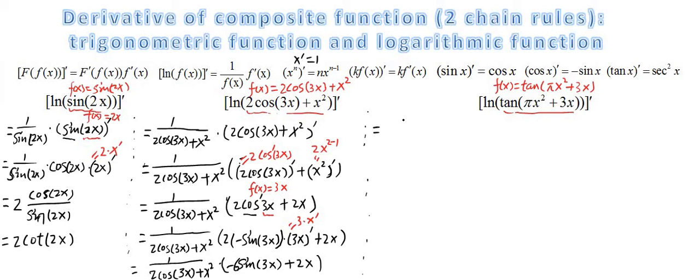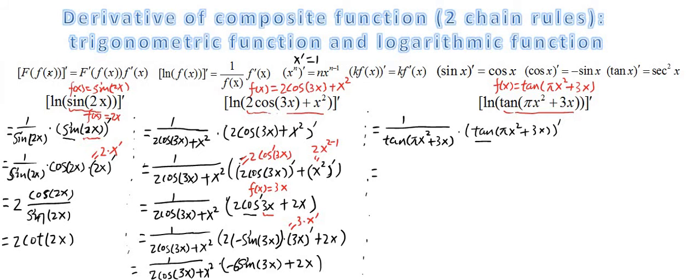We have 1 over f(x), so 1 over tangent of pi x squared plus 3x, times the derivative of f(x). So we have tangent of pi x squared plus 3x, prime. Now how to do the derivative of this? We can apply the trig rule. The capital F is tangent.